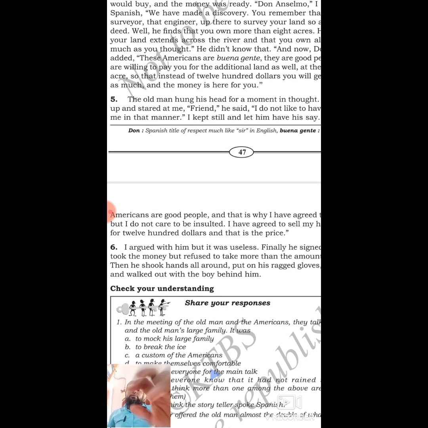Now, what Cedillo and the Americans were trying to do was convince Don Anselmo that he owned more than the 8 acres. You want to sell, we want to purchase.